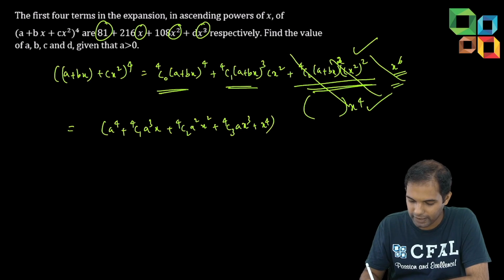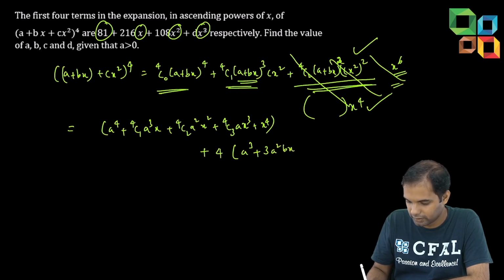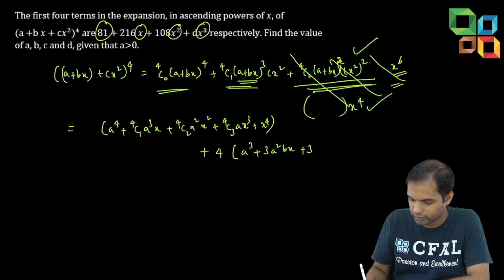Again, we could have ignored a couple of terms, but let us write them down because it's not many terms. 4c1 is 4 into (a plus bx) whole cube, a cube plus 3 into a square into bx. Instead of writing 3c1, I directly do 3 into a square into bx. Next would be again 3, because 3c1 is the same as 3c2. So 3 into a into (bx) whole square plus (bx) whole cube.